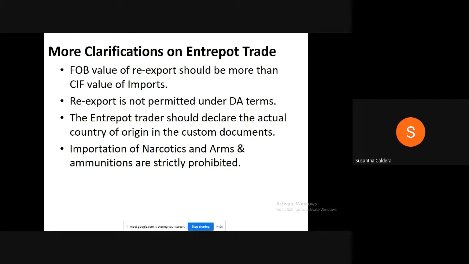The entrepot trader should declare the actual country of origin in the customs documents. The actual country of origin is China, right? The importation of narcotics and arms and ammunition are strictly prohibited. That you can't do under entrepot trade.